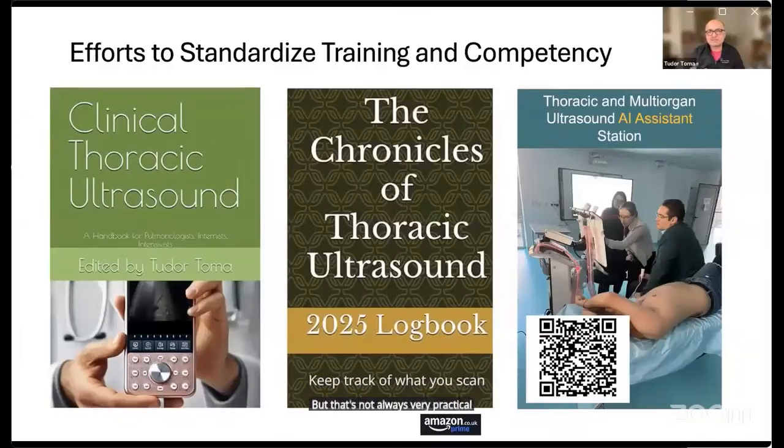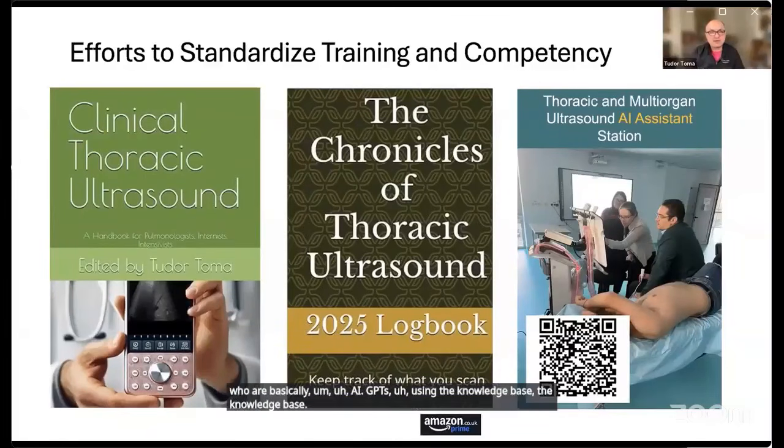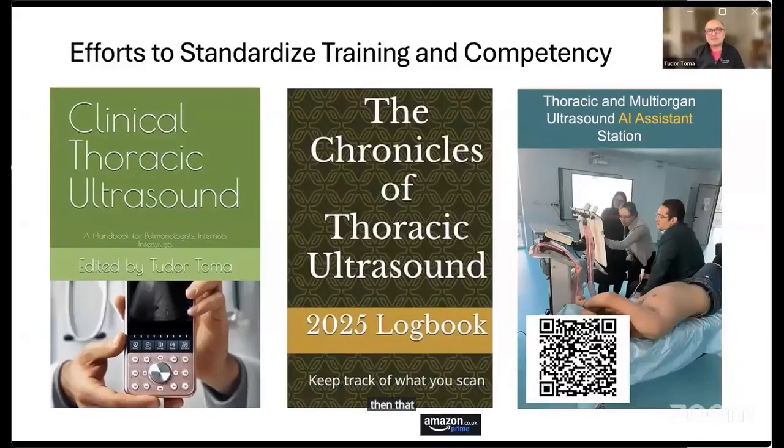So having these mentors, who are basically AI GPTs using the knowledge base of our educational material, so not everything from the internet, but a specific knowledge base, then that GPT can give a very competent answer to the questions the trainees have.